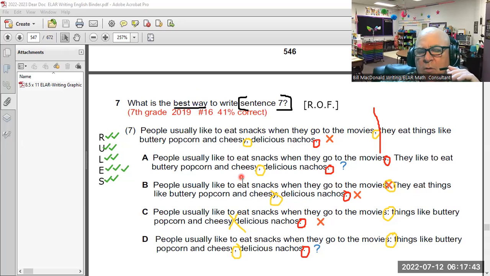And so the problem that the students had was it was hard to eliminate letter A because it sounded like a great idea, but whenever they change the content, and there's a better choice, then I go with the one that doesn't change the content. So this one here, I would say would be the best answer. So we would select letter D.